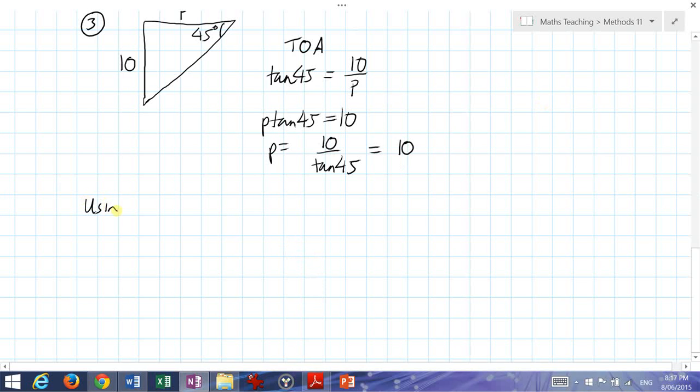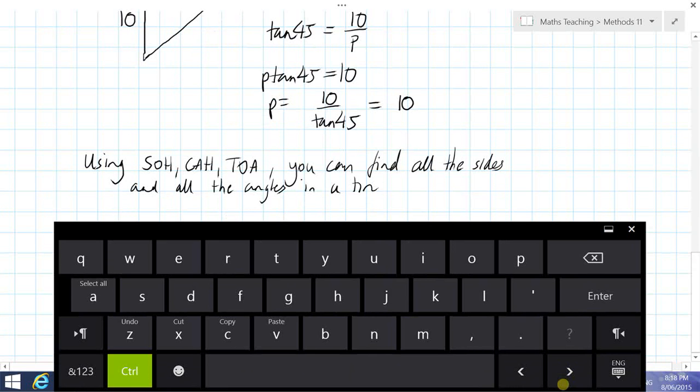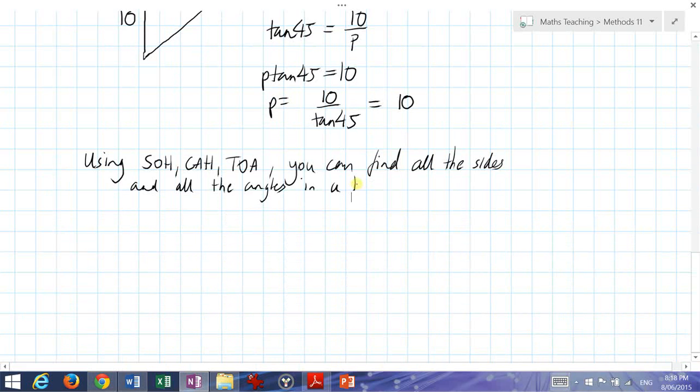That using SOH CAH TOA you can find all the sides and all the angles just from one side and one angle.